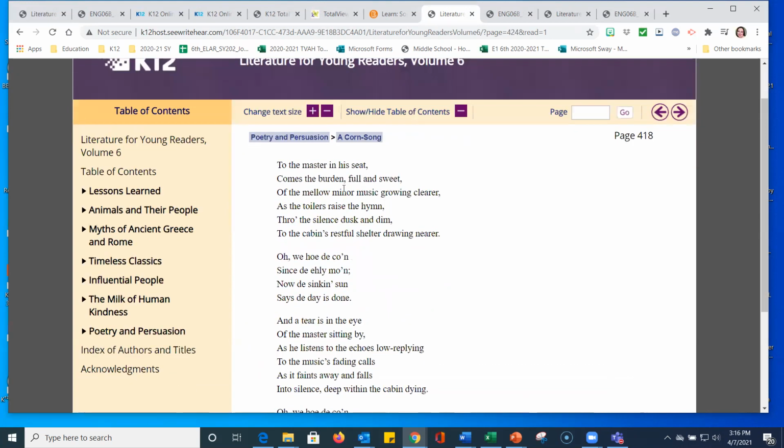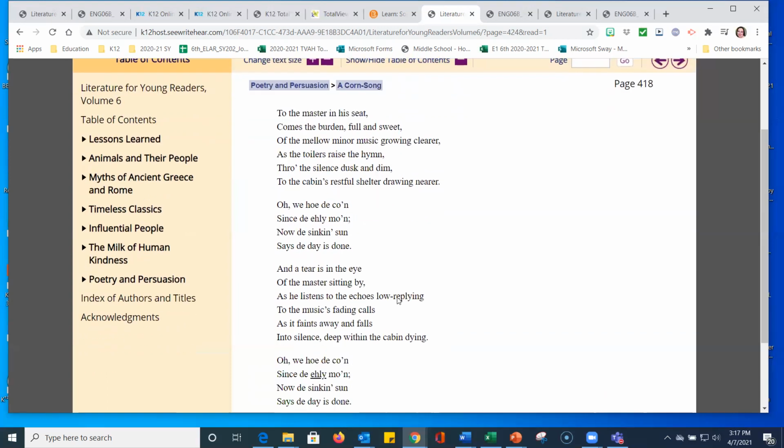To the master in his seat comes the burden full and sweet of the fellow miners' music growing clearer, as the toilers raise the hymn through the silence dusk and dim, to the cabin's restful shelter drawing near. Oh, we hoed the corn since the early morn, now the sinking sun says the day is done.